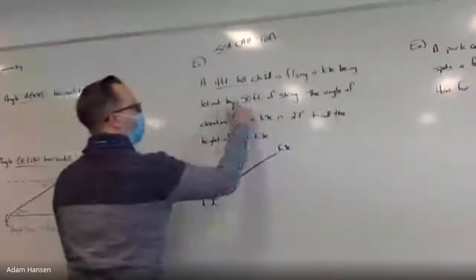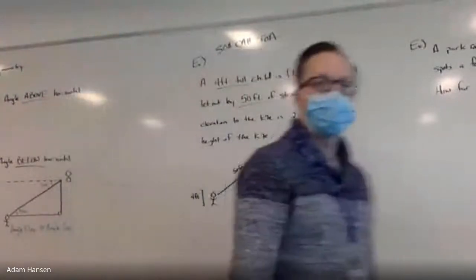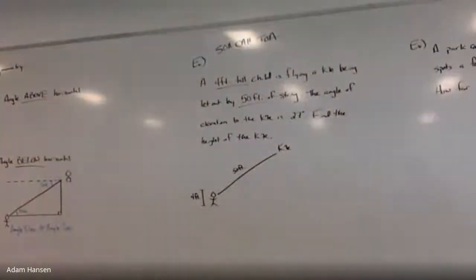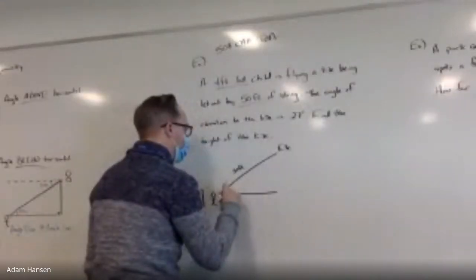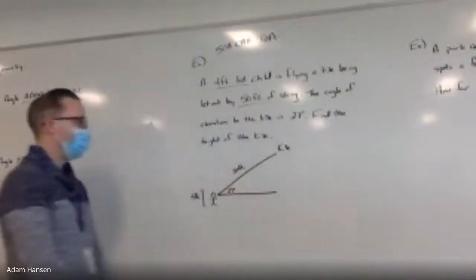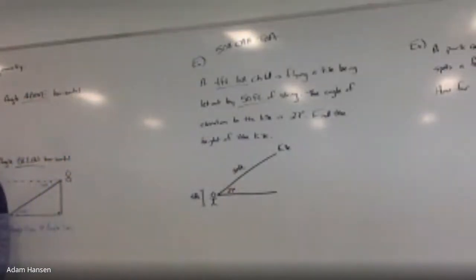The kite is attached to the person by 50 feet of string. So let's add a horizontal line and put our 27-degree angle measure as the angle above horizontal. Up to the kite, it's a 27-degree angle.